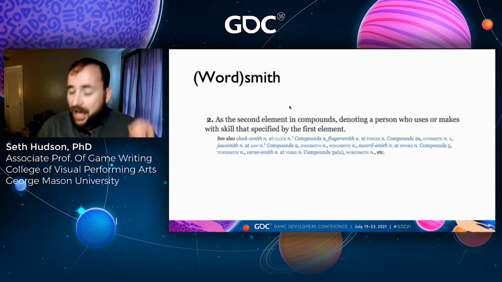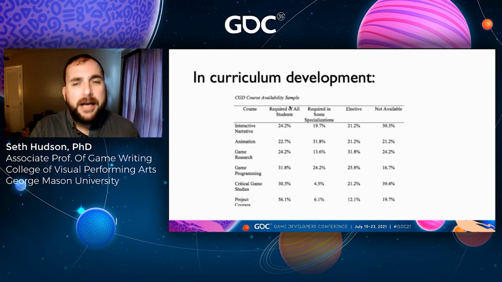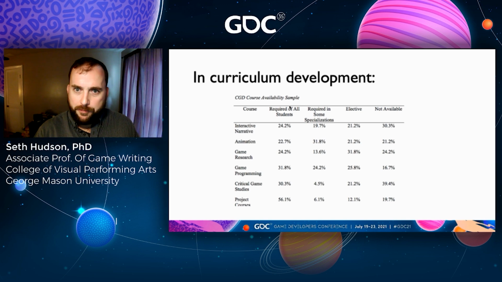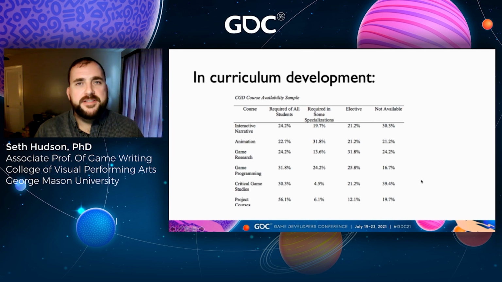So one more note, I came up with wordsmith, that idea, someone that might have to do anything with words at any time. But then, thinking about within curriculum development, and these are older numbers from the HEVGA survey back in 2015, and I imagine this is still the case, we don't have a lot of uniformity across our various programs, and that's okay, right?